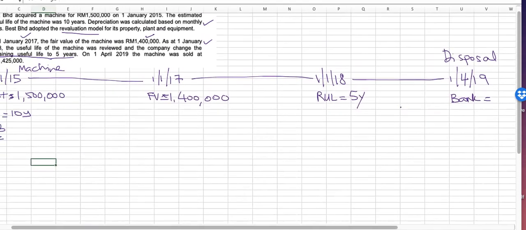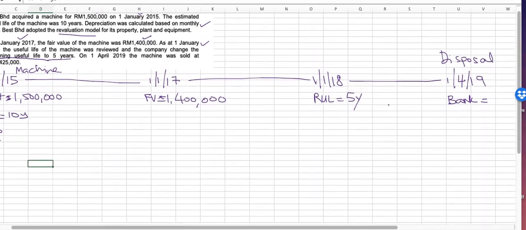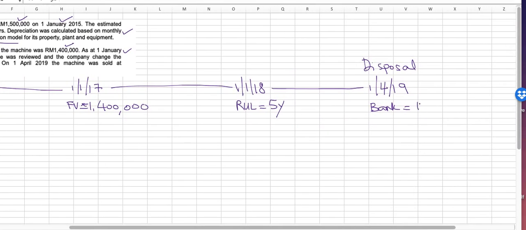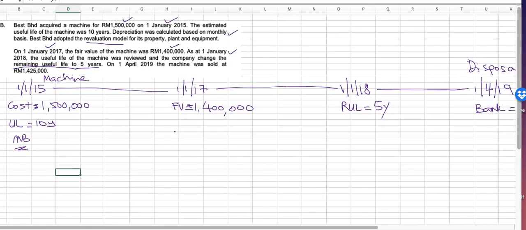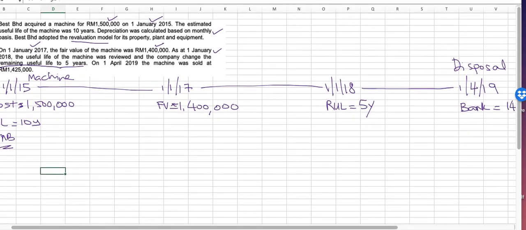The sales proceed from the dispose is 1425. So you see, I extract all the information and I put it in the timeline. Okay, so the requirement is to prepare notes. Okay, apa yang dia nak adalah notes on the machine, on the PPE.